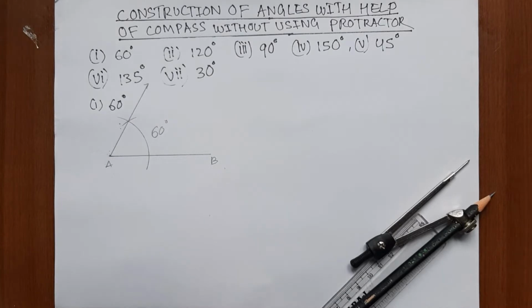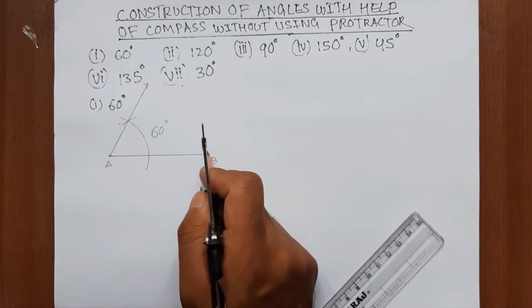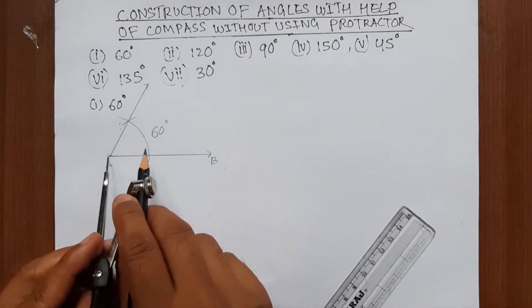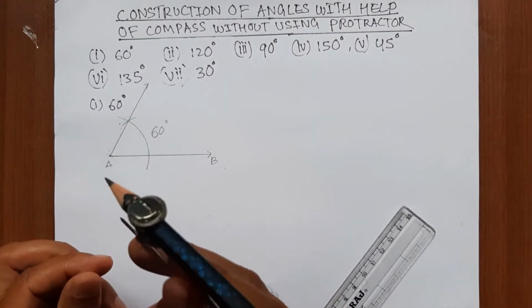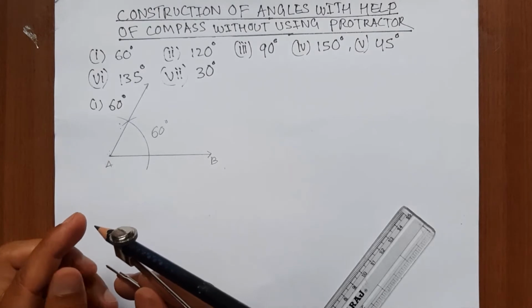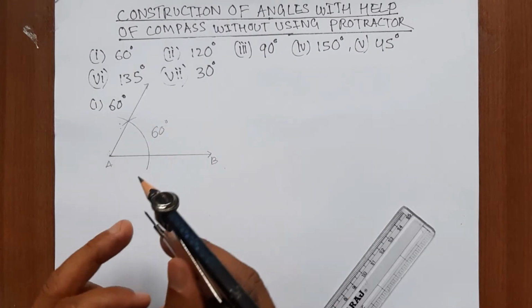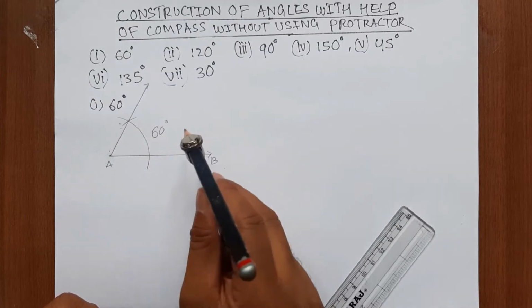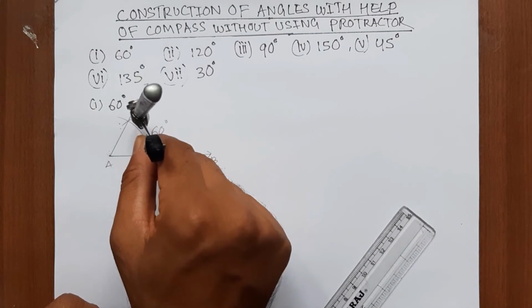So to draw a 60-degree angle, firstly we drew the ray or line segment AB. Then putting the pointer of the compass on the point A, we made an arc, and without changing the length, we put the pointer of the compass on the intersection point of the previous ray and the arc and drew another arc.